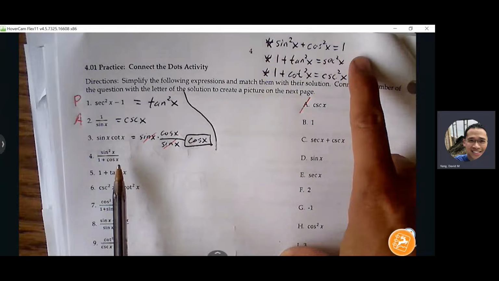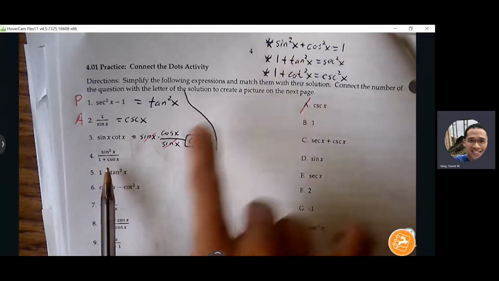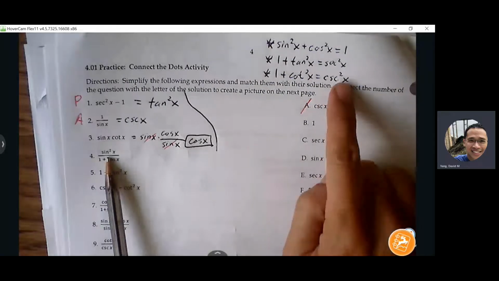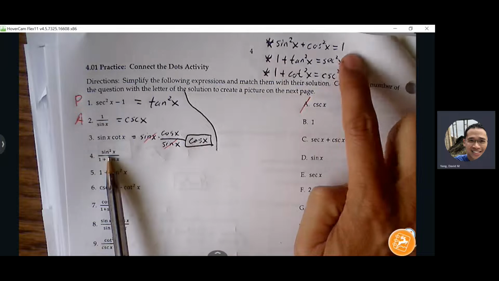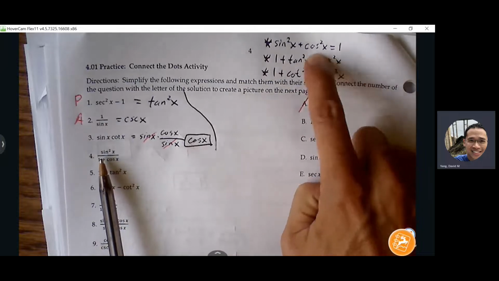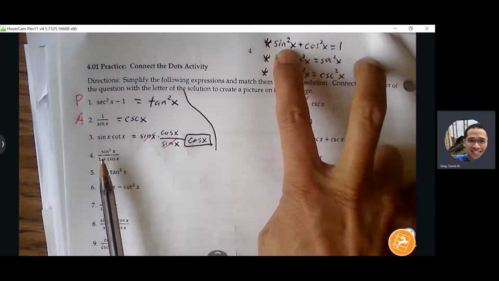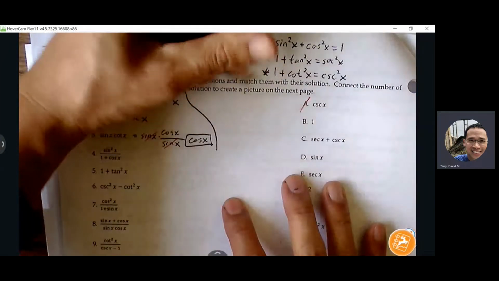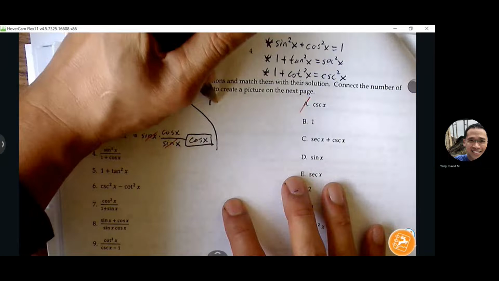Yeah, I can get it in terms of cosine, and that helps because that's going to at least have the same trig function as the denominator, right? So what can I replace sine squared x with? Yeah, so if I subtracted cosine squared from both sides, sine squared x equals 1 minus cosine squared x. So I want you guys to put that up here because we're not quite done yet.